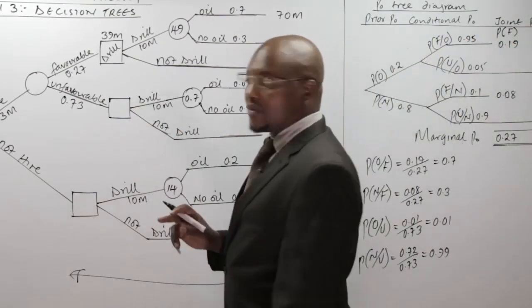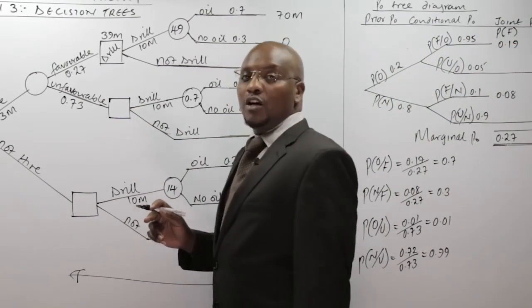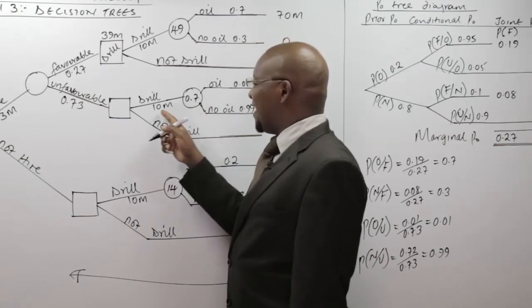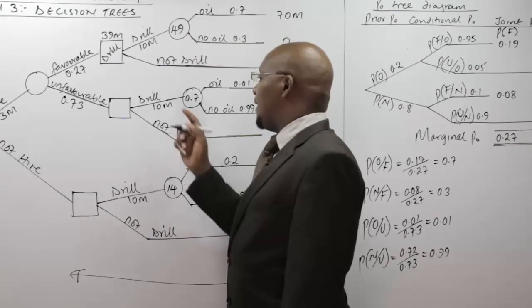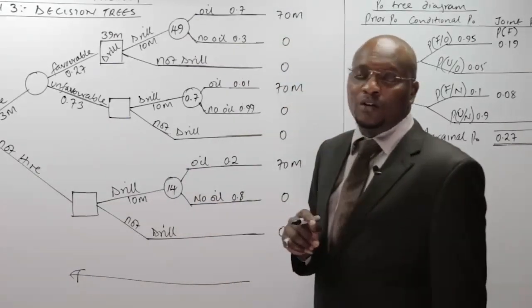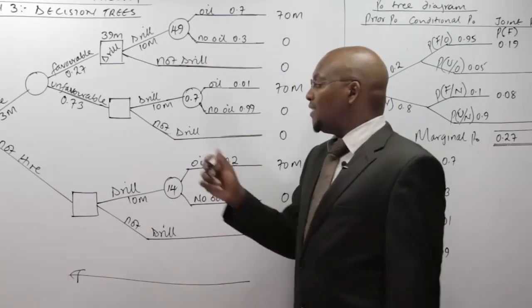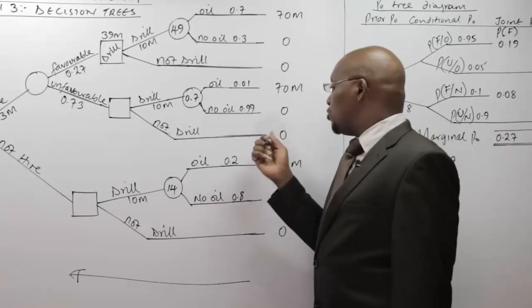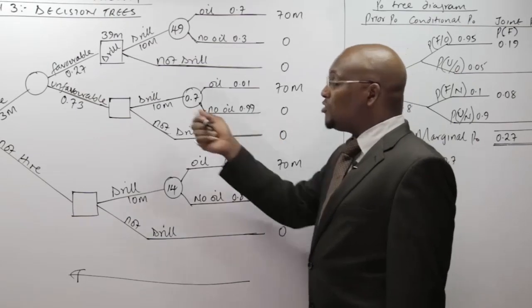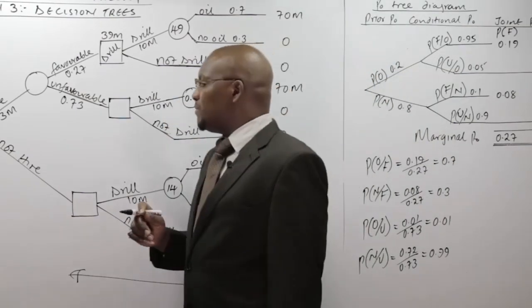Down here, if we drill, we'll make 0.7 minus 10. It's going to be a loss of almost 9 million, not more than 9 million. But if you don't drill, we'll not make a loss. You better not drill because you'll not be incurring any loss. If you drill, you'll be committing so much money for nothing.